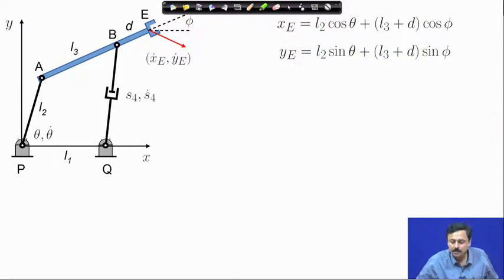Here I have written out the displacement relations, which we have already discussed in a previous lecture. The angle phi is the orientation of the end effector. We have also seen in the displacement analysis that given theta and S4 we can find out xe, ye and phi. So, we can find out everything.